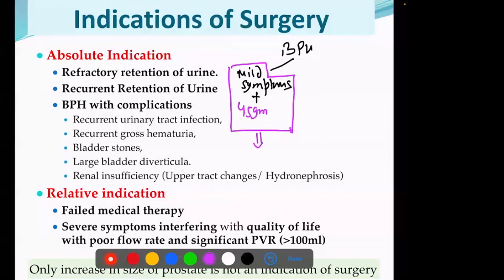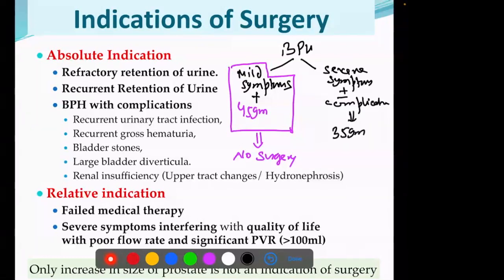Here don't do surgery, no surgery, because the patient doesn't have any complications, no severe symptoms, no indication for surgery. Only the size is big. But if the patient has severe symptoms plus or minus complications, maybe a complication, but the prostate size is just maybe 35 gram, it is possible sometimes. So this patient is a candidate for surgery.